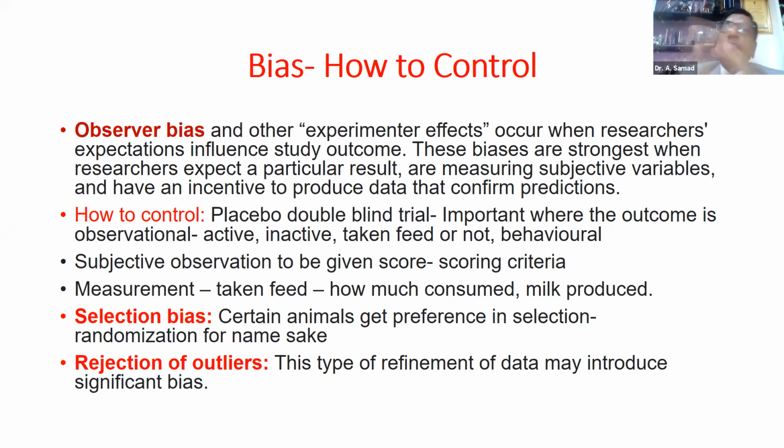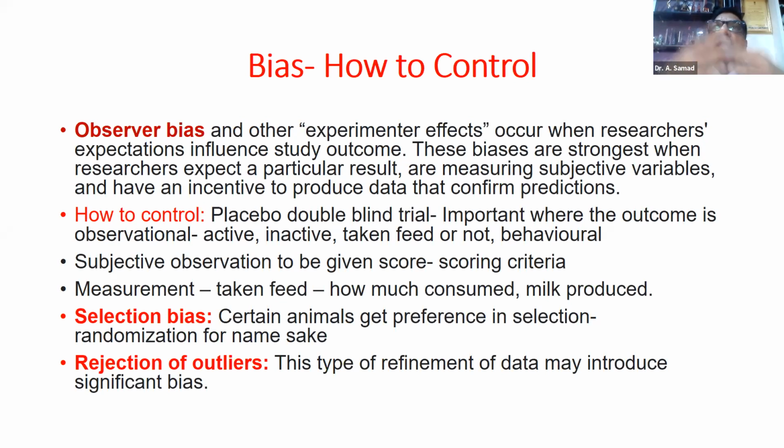Then another thing to control is that many times you also record subjective data, either yes or no, fed or not, given or not, behavior active, not active. That also gives you a lot of bias, because sometimes he knows that I'm giving a drug, and this drug should lead to the animal being more active.